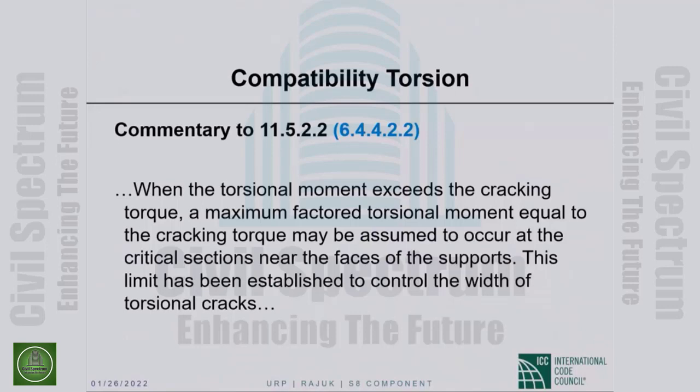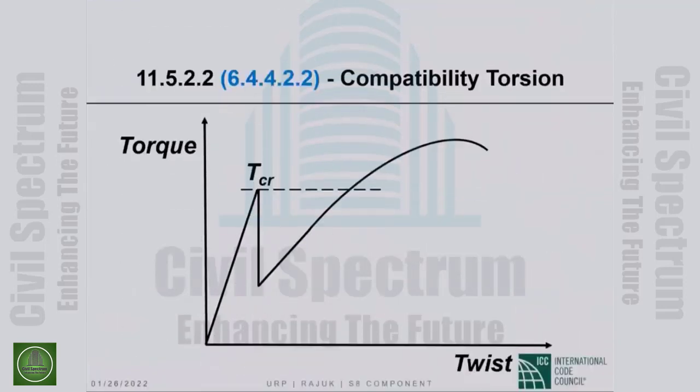This limit has been established to control the width of torsional cracks. If you design for T sub CR, then the width of the torsional crack will be limited to what we consider to be acceptable.